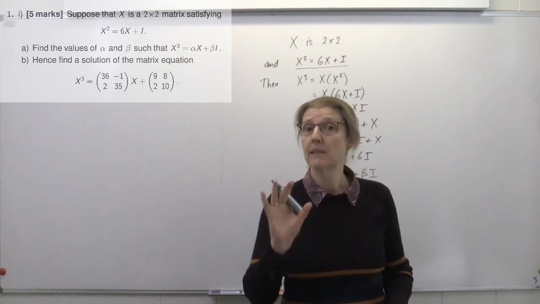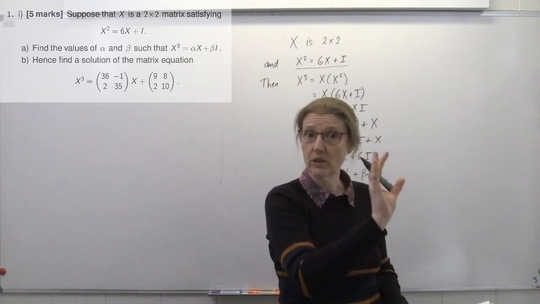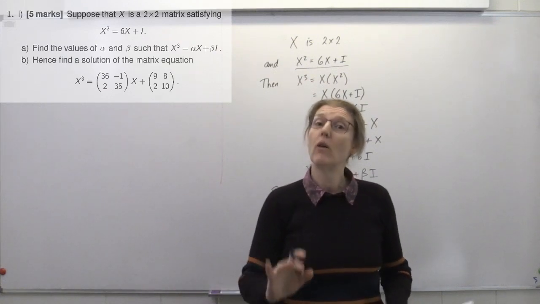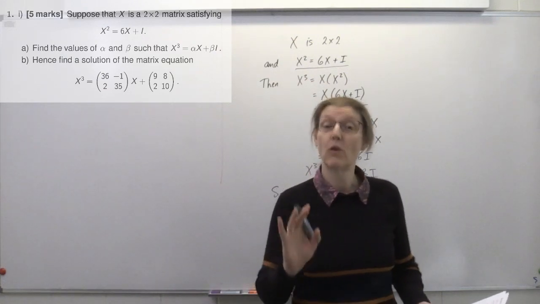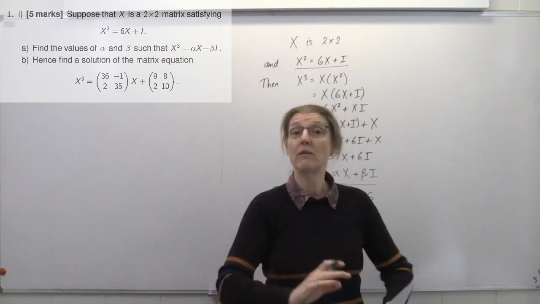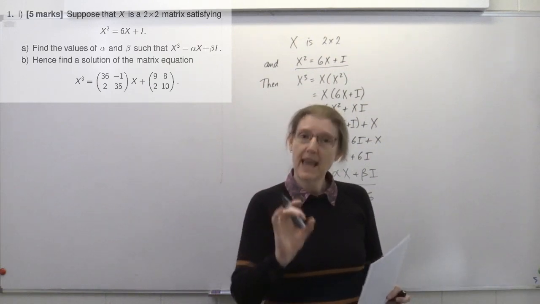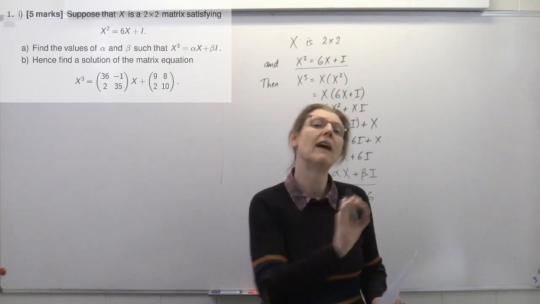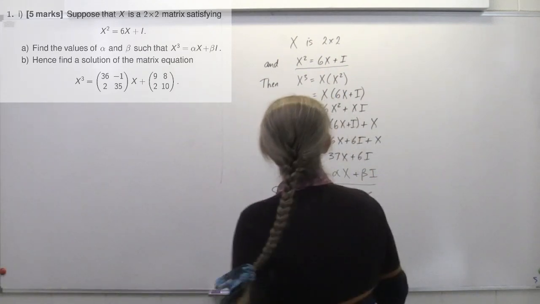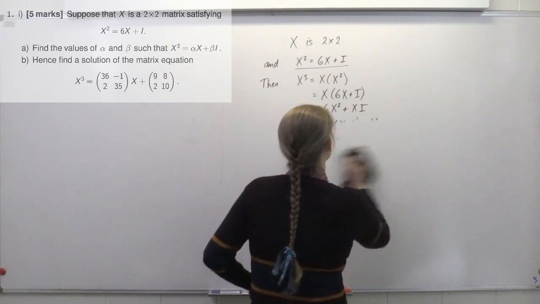Hence means use this information that you've just got to go and do the next bit. Not or otherwise. If it's or otherwise, it would say hence or otherwise. Or it just might say find or do. But hence, if it's there, it means you must use that information. All right, so let's take this stuff off and move on.